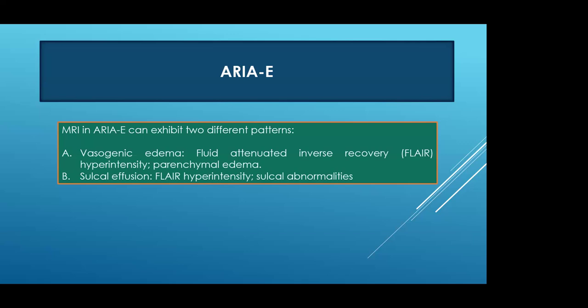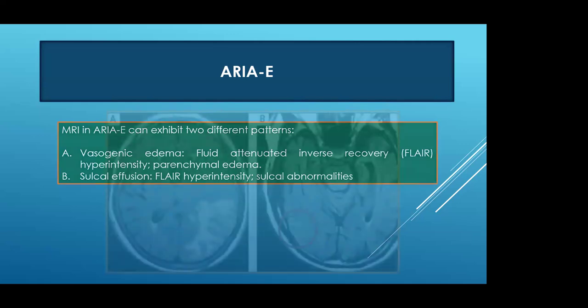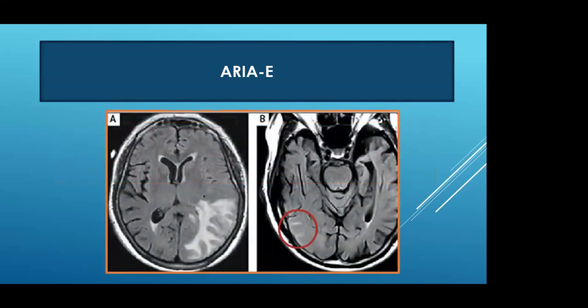Again, this is also due to fluid leakage, essentially proteins, but in this case into the leptomeninges and the subarachnoid space. Here is an image so that everybody understands what I'm actually talking about. And so you can see right here how the sulcus is more compromised. And you can see right here how some sulci are compromised, but also the parenchyma is affected.